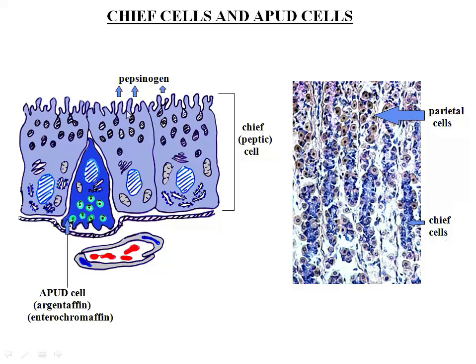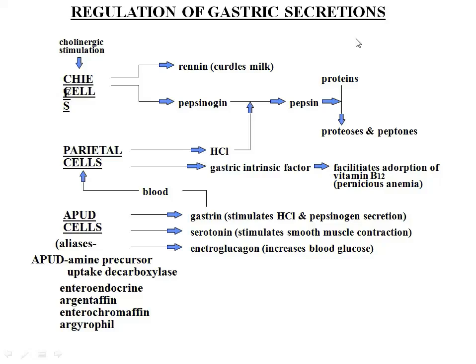The role of the chief cell is to produce pepsinogen. The working of chief cells and parietal cells is shown in this flow diagram: chief cells produce renin and pepsinogen in the presence of HCl secreted by parietal cells. Pepsinogen converts into pepsin, which is responsible for breakdown of protein into proteoses and peptones, which are then absorbed, passed into the liver and processed there for protein synthesis further.